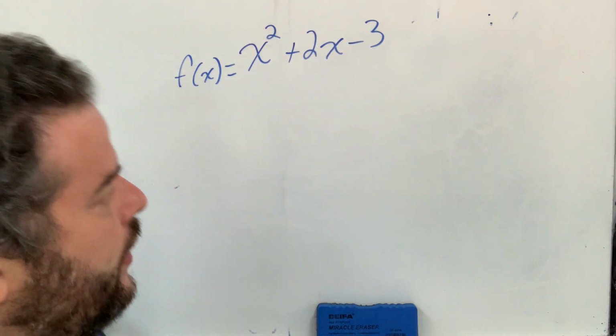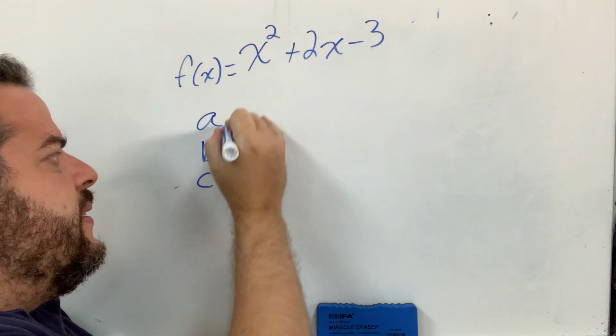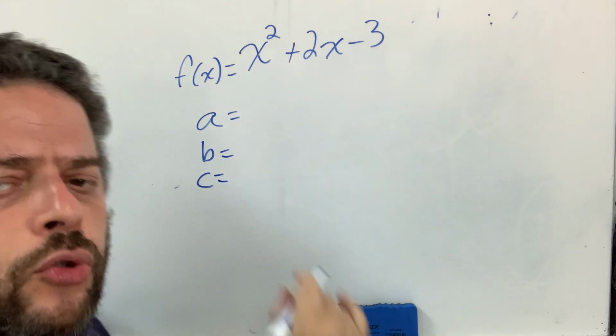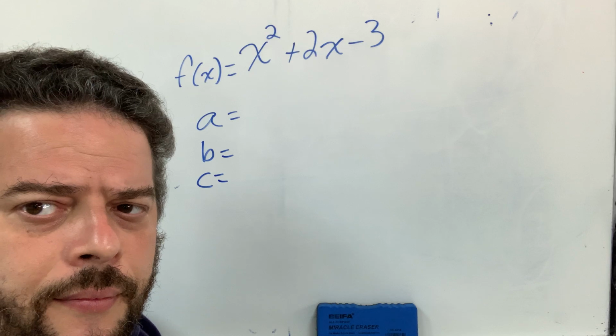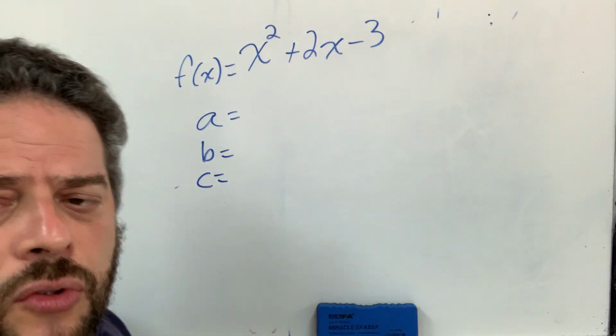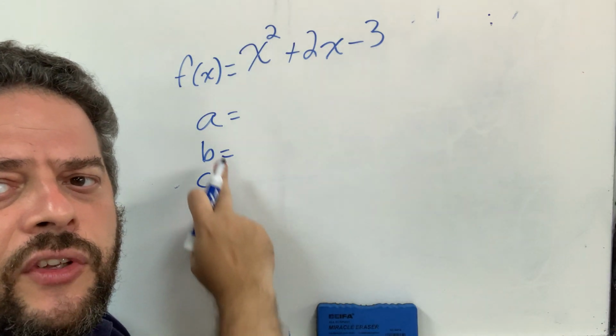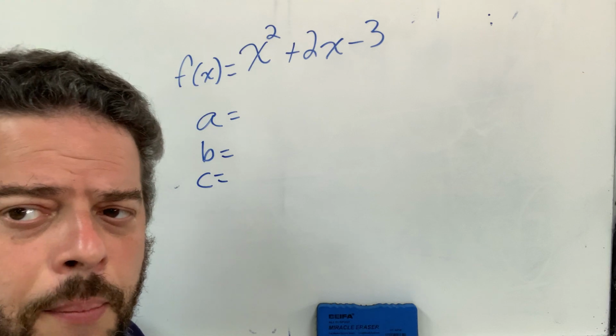Now, step 1 pretty much is determining A, B, and C. And please do yourself a favor and write them down, because many students forget the signs associated to these values and they do the operations without taking into consideration the signs, and that's going to mess up your math.